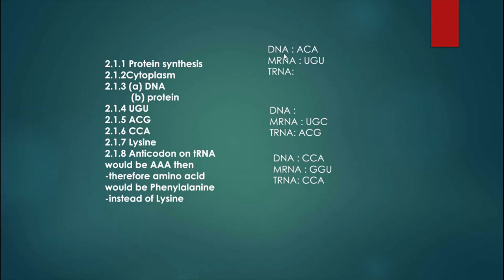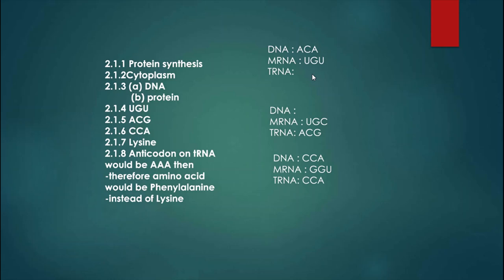Now let's look at this sequence. Write DNA, then write mRNA, and after mRNA write tRNA. You are given ACA, and from ACA they want mRNA, and mRNA is under DNA. A pairs with U, C pairs with G, A pairs with U. If they wanted tRNA and you're given ACA, you move from DNA to mRNA first, and then from mRNA to tRNA.